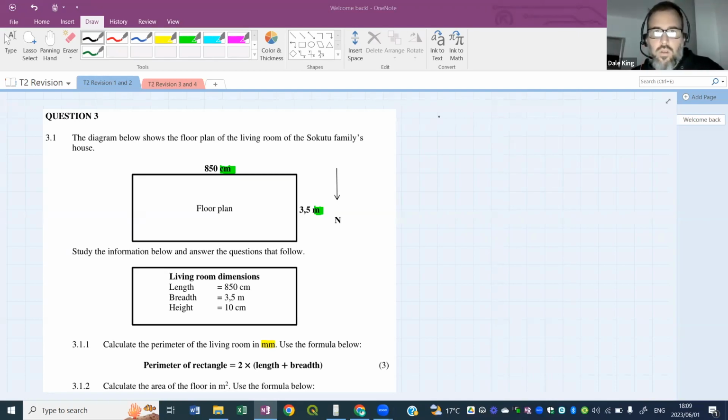Do we have any answers yet for the first question, calculating the perimeter of the room? If you do and you finish, just put some answers into the chat, then I can see that you are done, and then we can go ahead and do this one.